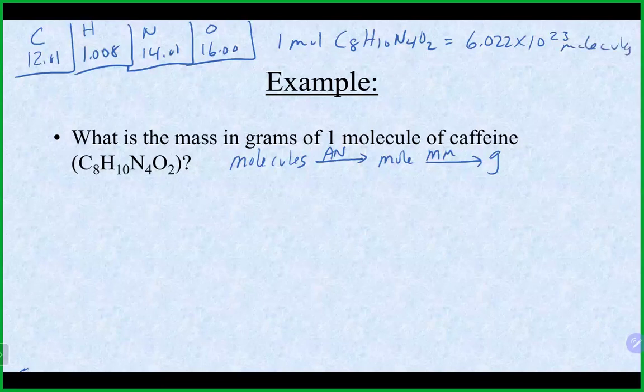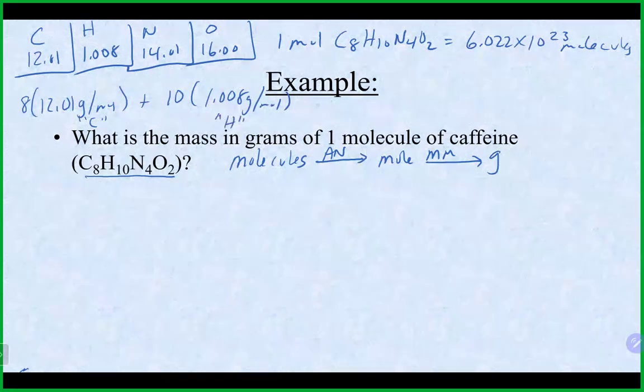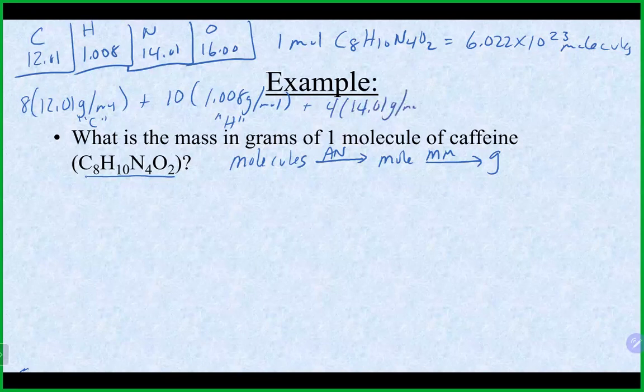We do need the molar mass, so might as well calculate that while we're here. Again, we're just going to add up all the parts. So we do have 8 carbons, each at 12.01. That takes care of the carbons. We do have 10 hydrogens at 1.008 grams per mole. That takes care of our hydrogens. We're then going to add 4 times our 14.01 for our nitrogens. And lastly, 2 times 16 for our oxygens.